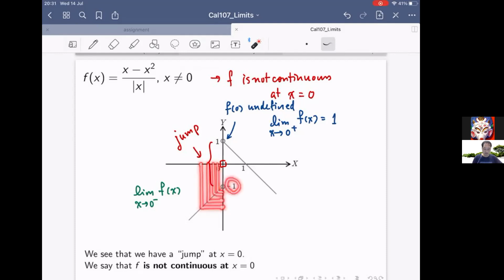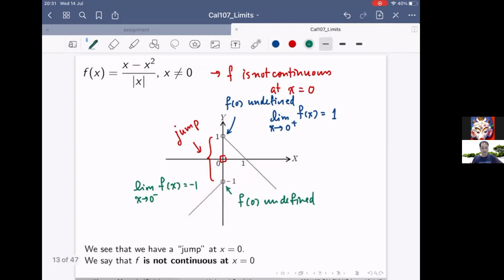This number. So from the picture, it goes to -1. Again, f at 0 is undefined there. Are we all right? So if you have a picture, then you can find a limit.